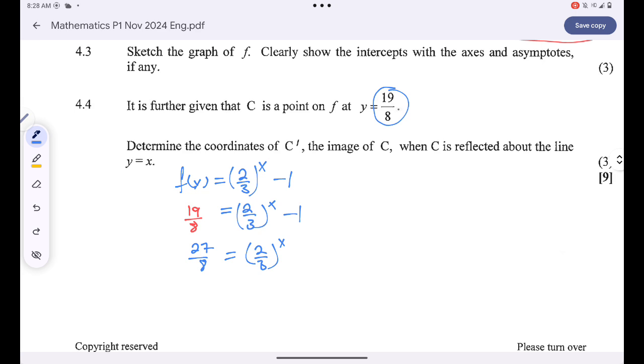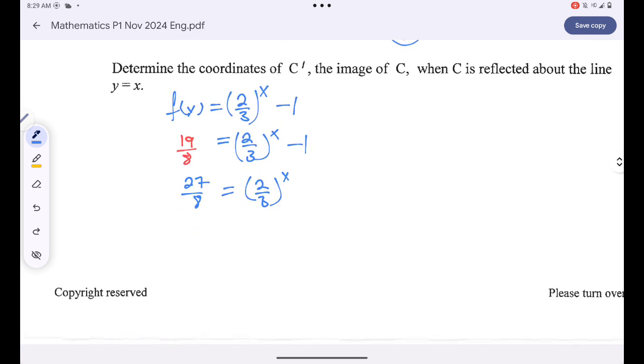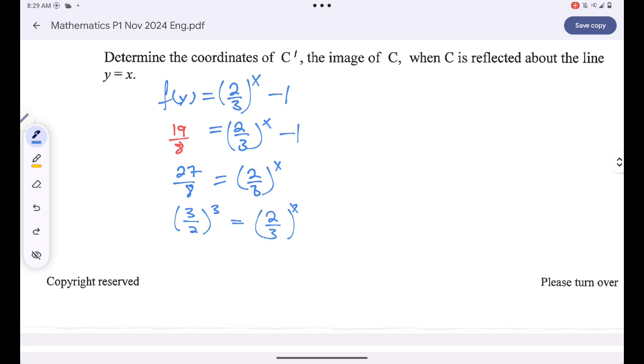Remember that, guys, I'm solving for x, which is at the exponent. The first thing I need to do is to try and make my bases the same. On the left hand side, I can rewrite this fraction as (3/2) all raised to the power 3. This is equal to (2/3) to the power x. The bases are not the same, guys. Yes, they are almost the same, but they are not the same.